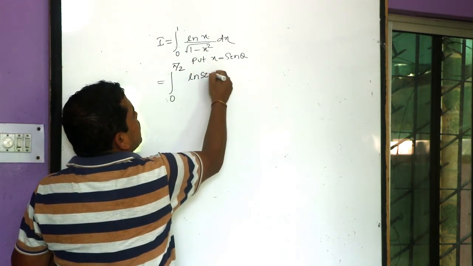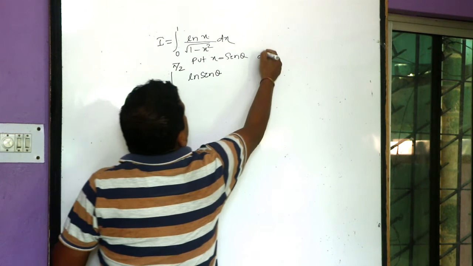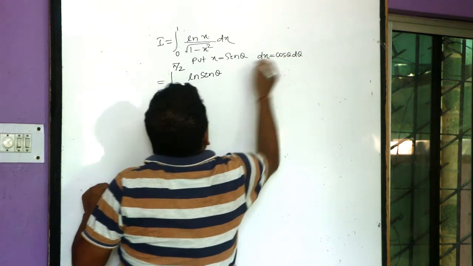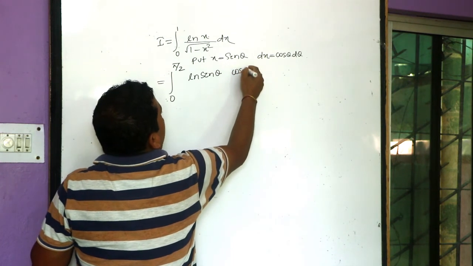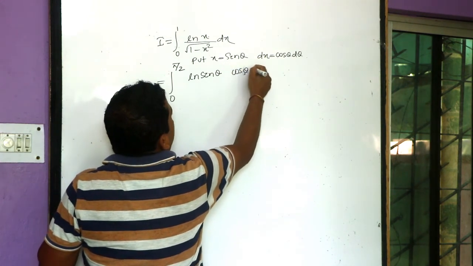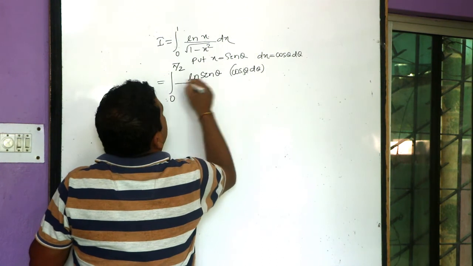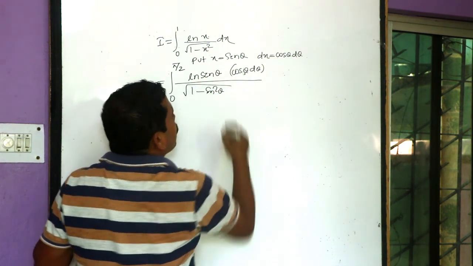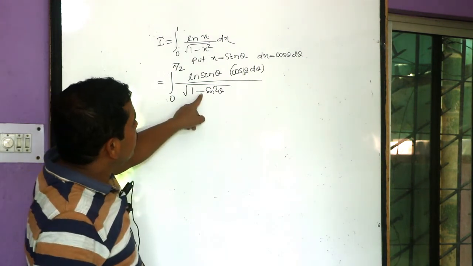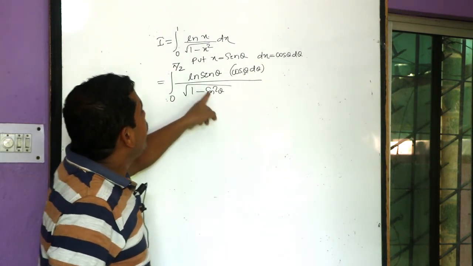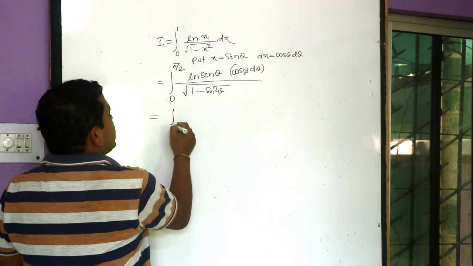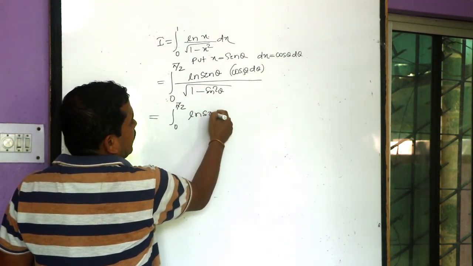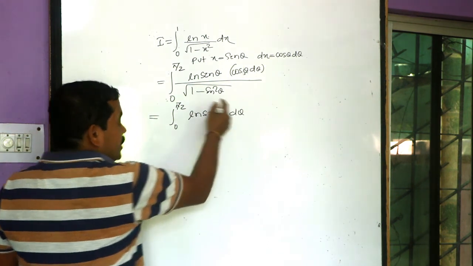Log x means log sin theta and dx will be cos theta d theta, divided by square root of 1 minus sin square theta, which is cos theta. So cancelling cos theta, the integration becomes integral 0 to pi by 2 of log sin theta d theta.